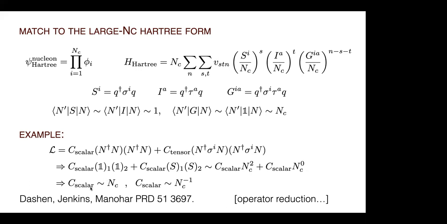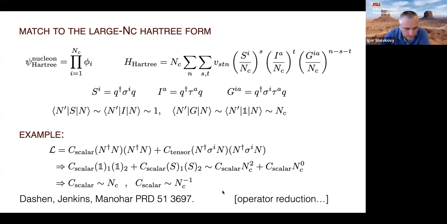Now this scalar low energy coefficient goes as N_C, because I've got the overall N_C taken out and I've got the N_C left over. And here, oops, this is not supposed to be scalar, it's supposed to be tensor. Sorry, typo here and here and here. I need to fix that. The tensor operator then with the factor of N_C extracted scales as well.